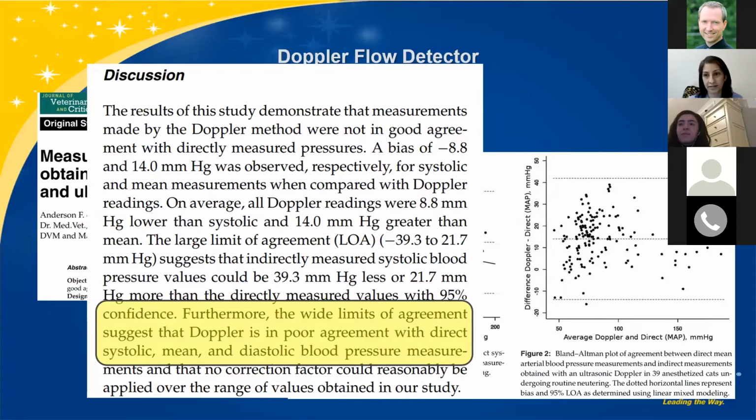So we can't assign that Doppler value to a systolic, a diastolic, a mean. It's a number. It's probably somewhere between your systolic and mean, but it can't really be consistently applied to every cat. So in some cases, it may very well be the systolic. In other cases, it may not be. And so it's difficult to know exactly what that number means.